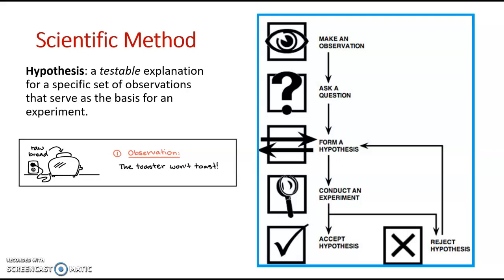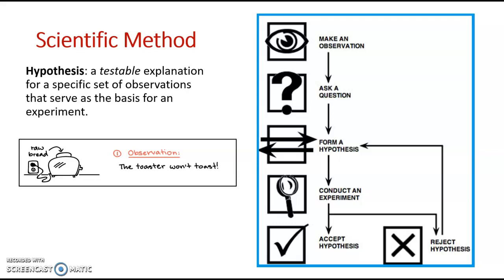But before we even get to the hypothesis, someone, somewhere, had to have made an observation that led them to ask a question. Why? How does this happen? And then we can get to that all-important hypothesis that we develop. So the first step in the scientific method in any field of science is really making an observation.